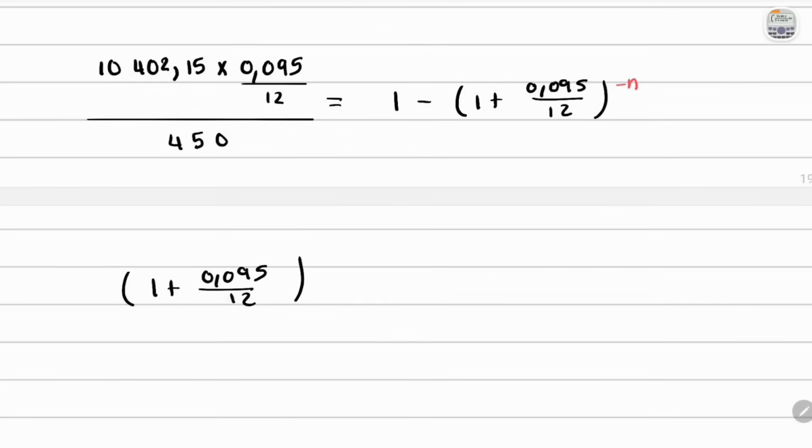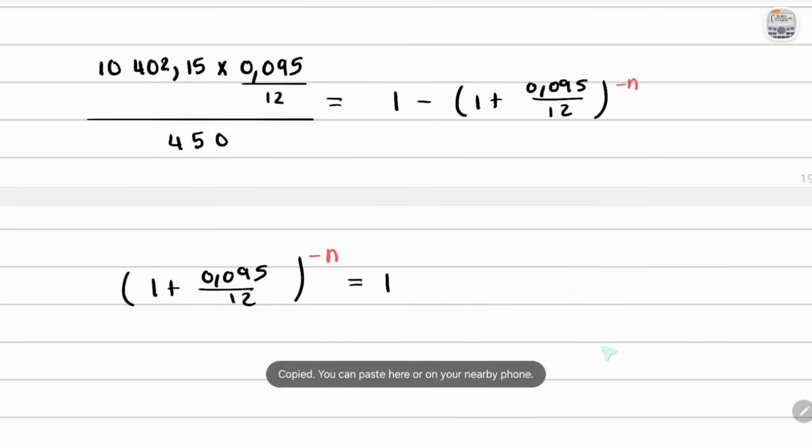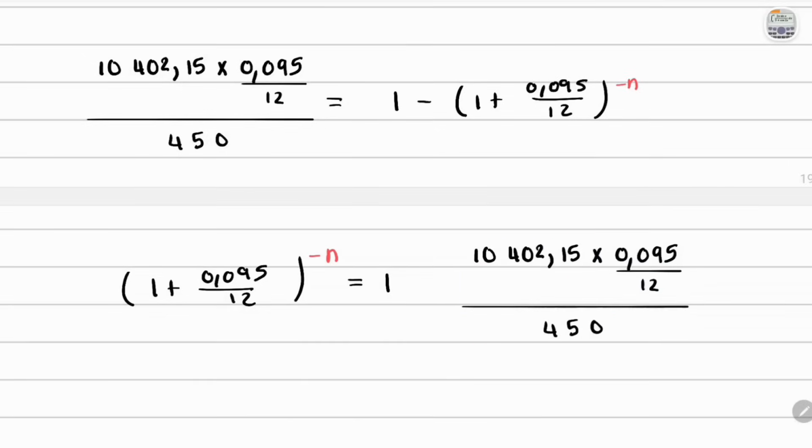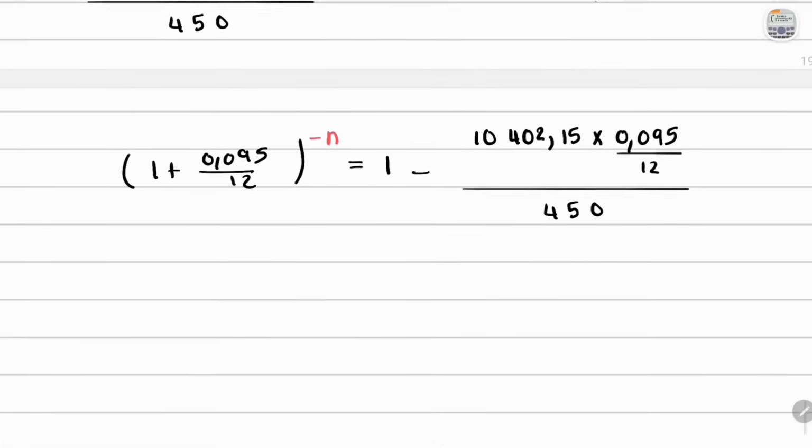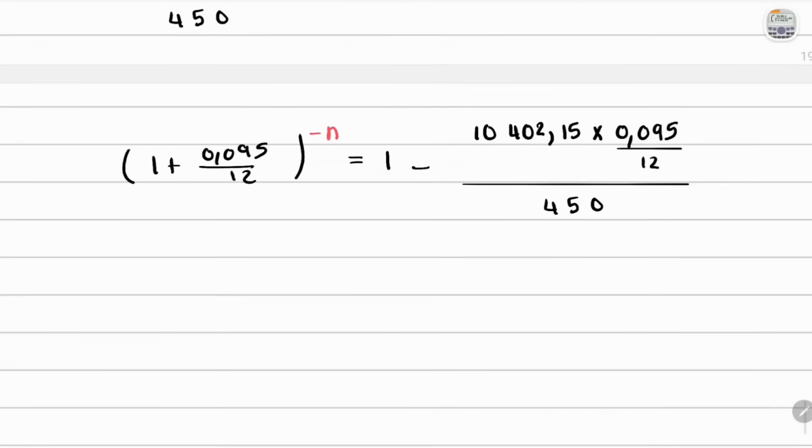But the n, of course, will still be negative because this is an exponent. And this will simply be equal to what's left on the right-hand side, which is the 1, and we can transpose everything that is here. So we're taking this over, and we're going to say minus all of this. Okay, so this is what we have, and at this point, we can start calculating.